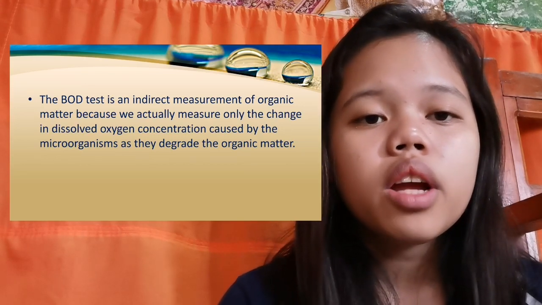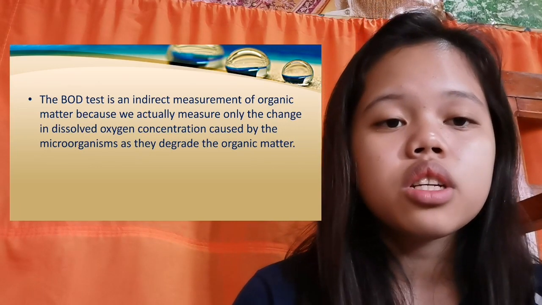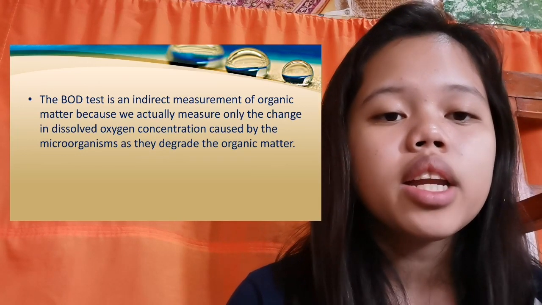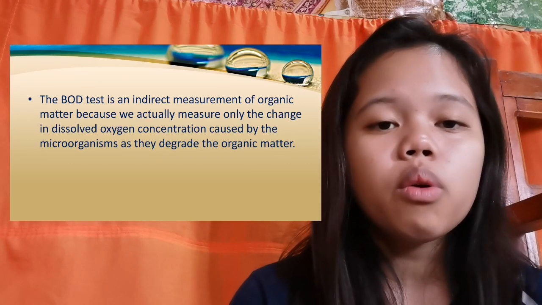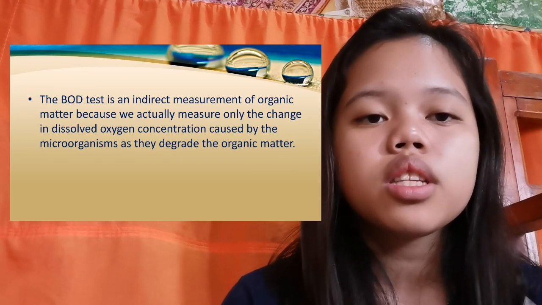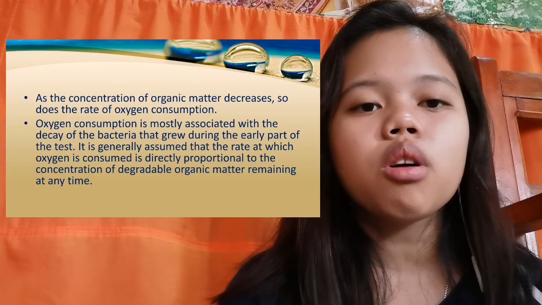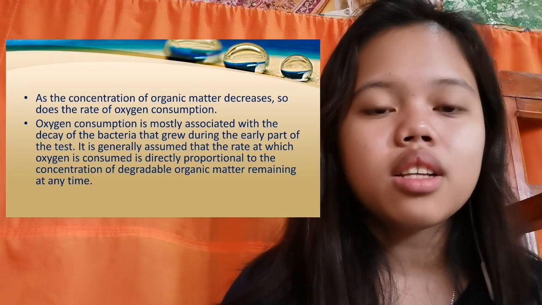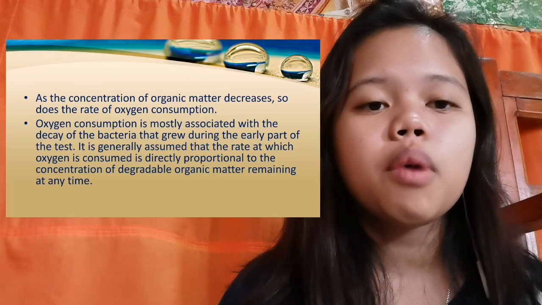Although not all organic matter is biodegradable and the actual test procedures lack precision, the BOD test is still the most widely used method of measuring organic matter because of the direct conceptual relationship between BOD and oxygen depletion in receiving waters. As the concentration of organic matter decreases, so does the rate of oxygen consumption. Oxygen consumption is mostly associated with the decay of the bacteria that grew during the early part of the test.